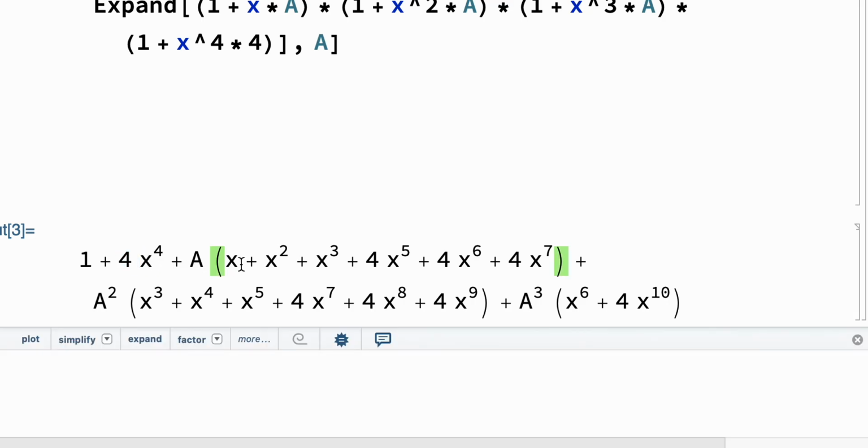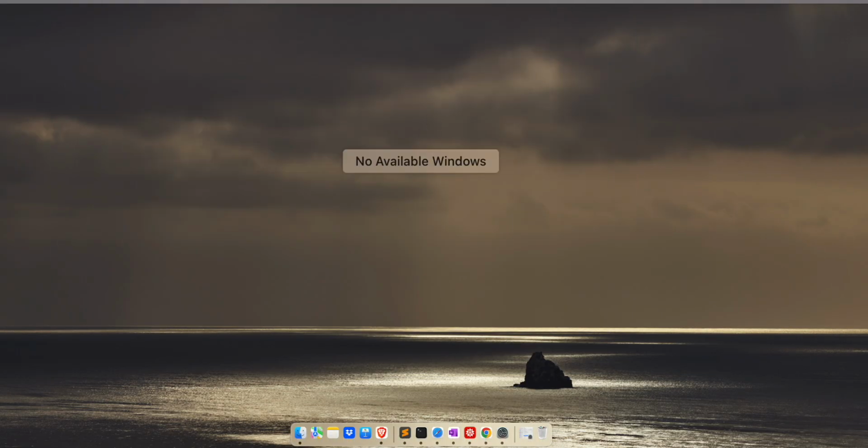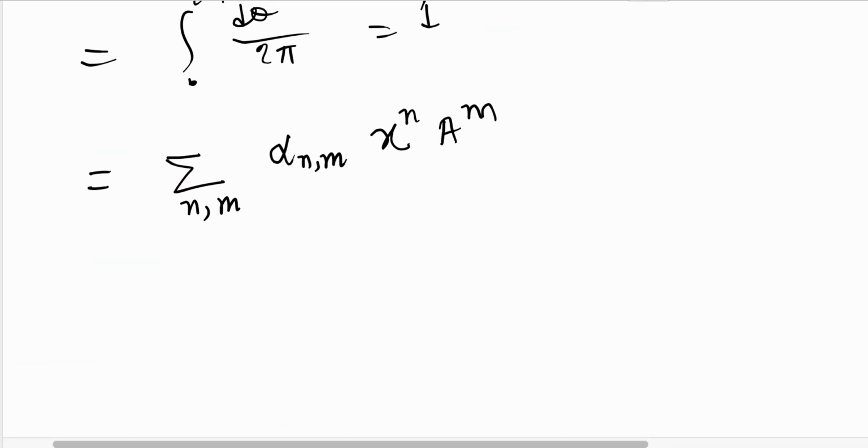Similarly, here the exponent of x is 1 and the exponent of a is 1, so the coefficient is 1. And here, if the exponent of x is 5 and the exponent of a is 1, then alpha nm is actually 4. So that's why we can write it in terms of alpha nm. We could write it explicitly, but it would need a huge space, so I keep it short.